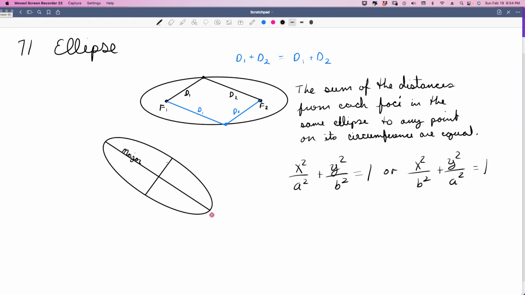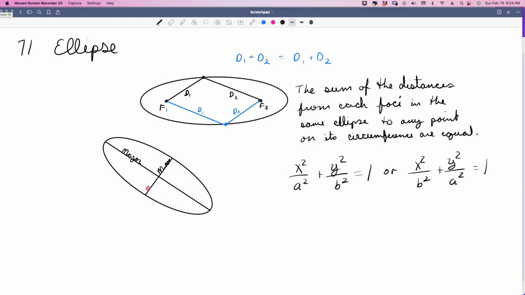I guess it could be vertically, but it cuts it in half long ways, exactly in half. And then there is a minor axis, the shortest distance from side to side, and it cuts the ellipse exactly in half short ways.